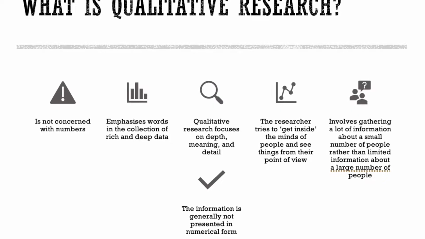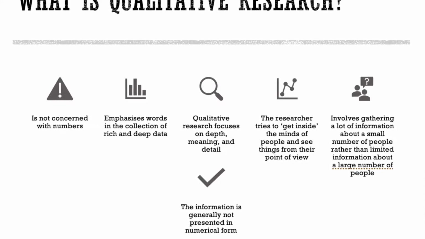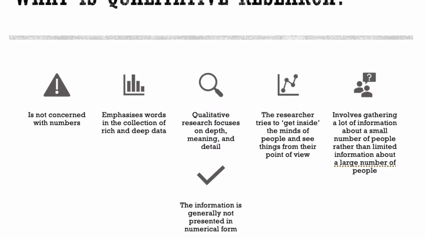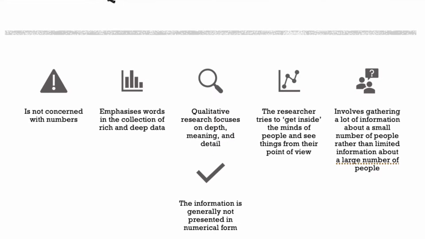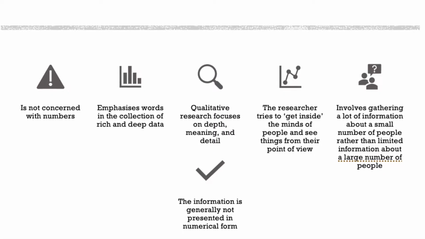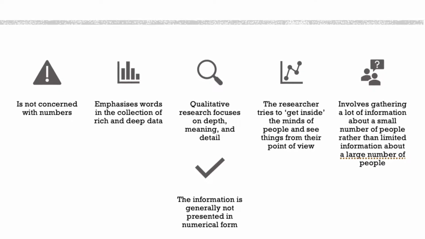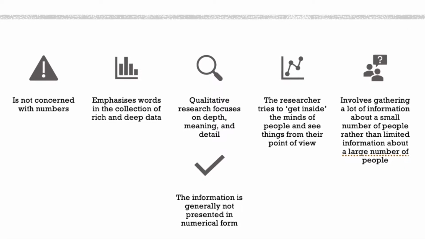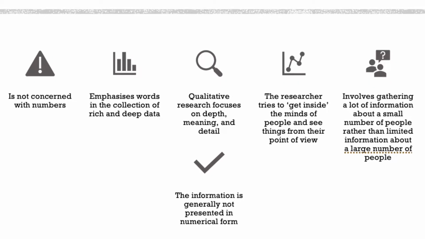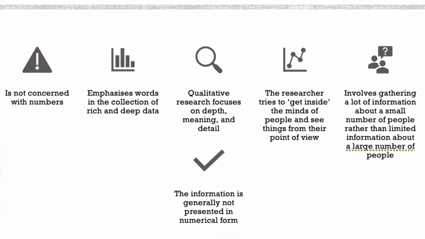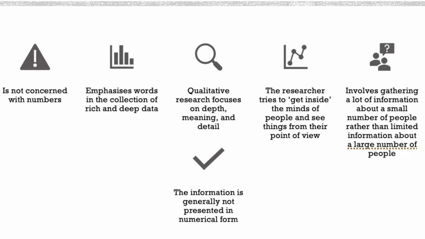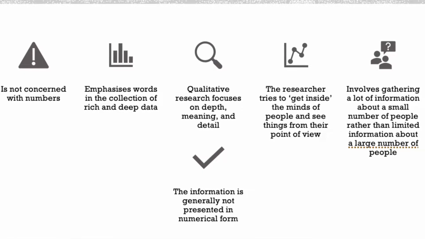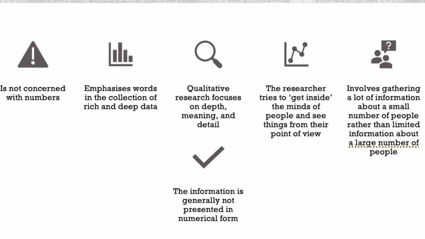The researcher tries to get inside of the minds of people and see things from their point of view. And it generally involves gathering lots of information about a small number of people, rather than limited information about lots of people, which you might get from quantitative data collection. And the information is generally not presented in numerical form.